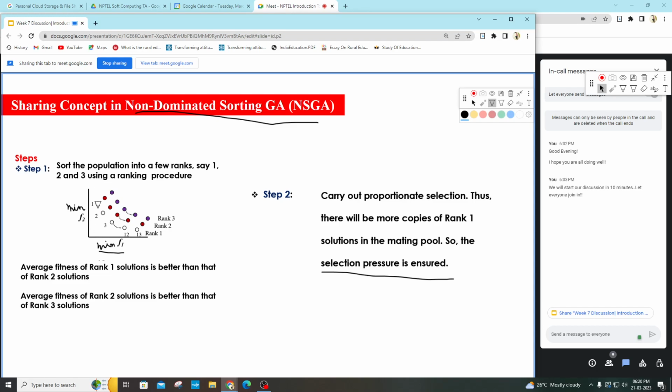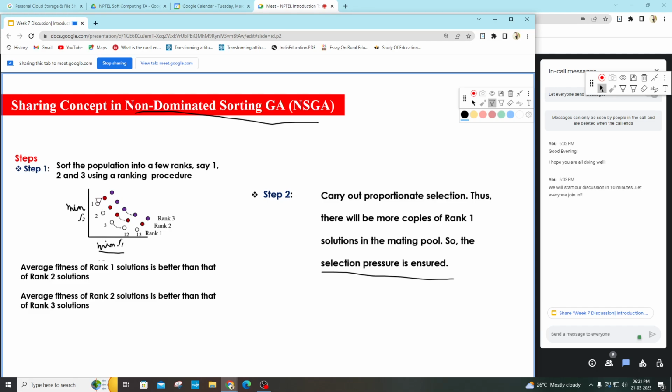Now you can see that when we compare points 1 and 2, or you can compare any points of this front like 1 and 13, but for convenience let me compare points 1 and 2. For the f1 function, we have to minimize f1, so point 1 dominates point 2. But for the f2 function, we again have to minimize f2, so the second point dominates the first point.